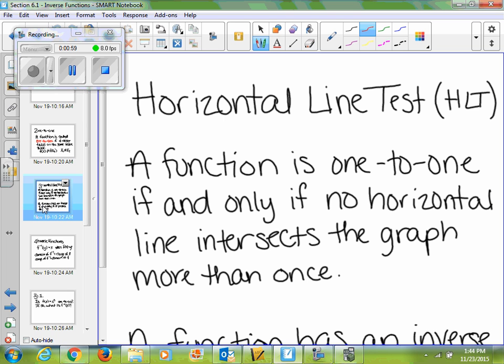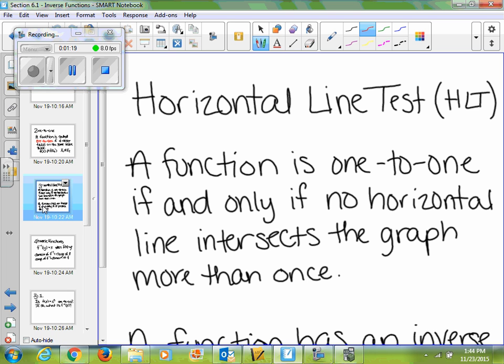Alright, the way to test if a function is one-to-one is to use the horizontal line test. So similar to the vertical line test that you use in Algebra 1 to figure out if a graph is a function, we use the horizontal line test to figure out if a function has an inverse.